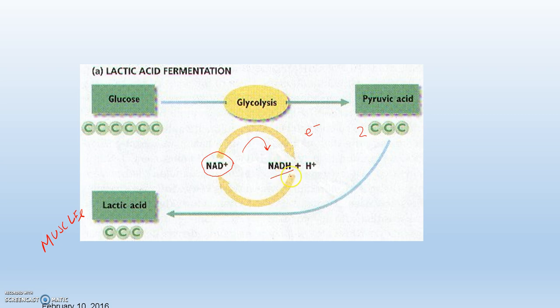Now this NADH is picked up by pyruvic acid and converted into lactic acid. This is called lactic acid fermentation. In this process, NADH is converted to NAD, so NAD is regenerated.